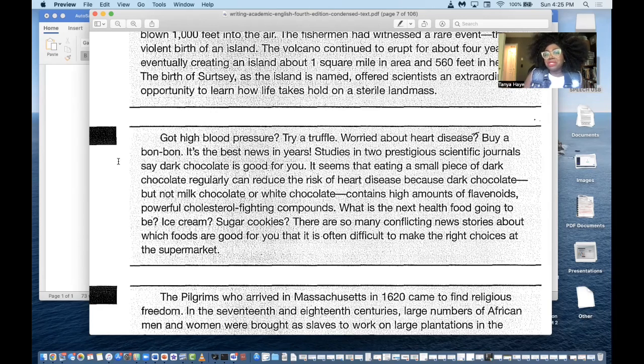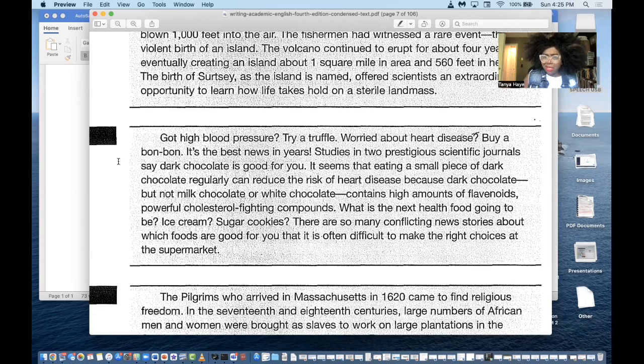Studies in 2 prestigious scientific journals say dark chocolate is good for you. It seems that eating a small piece of dark chocolate regularly can reduce the risk of heart disease because dark chocolate, buttermilk milk chocolate or white chocolate, contains high amounts of flavonoids, powerful cholesterol fighting compounds.